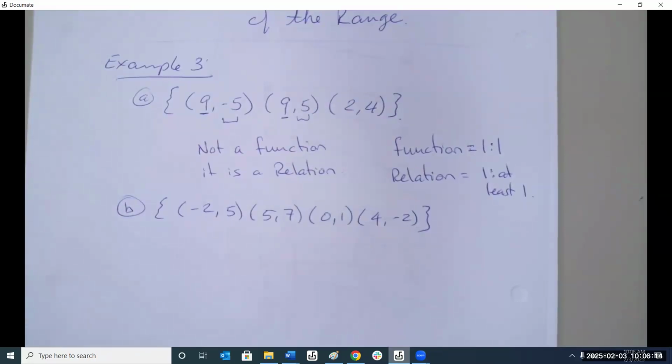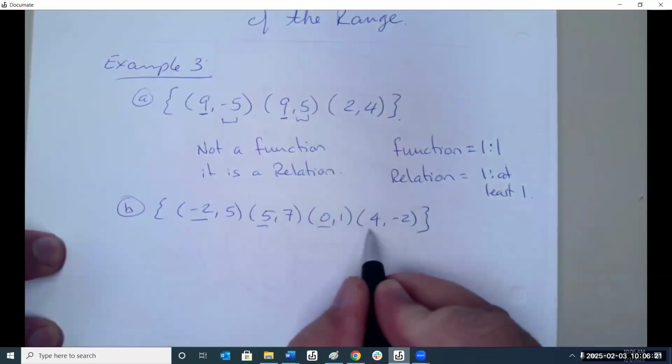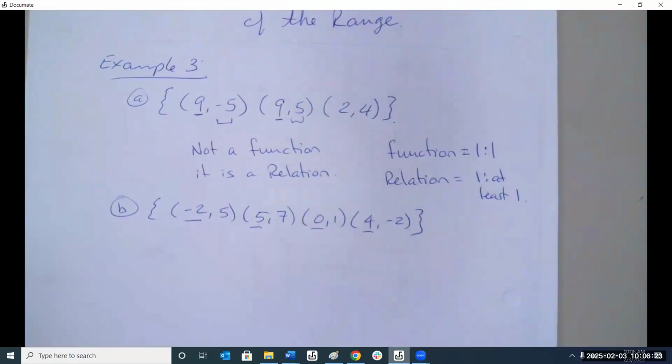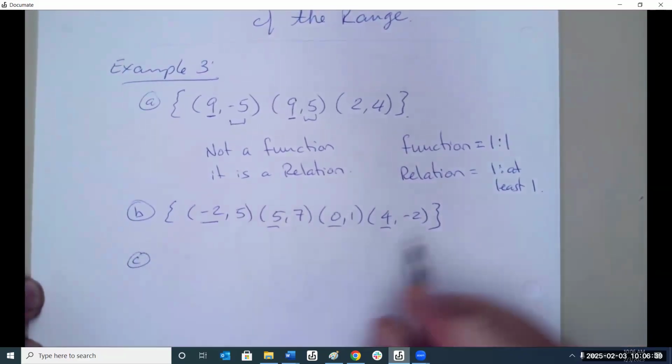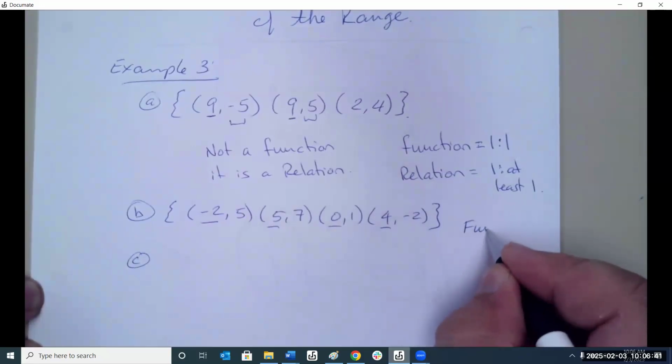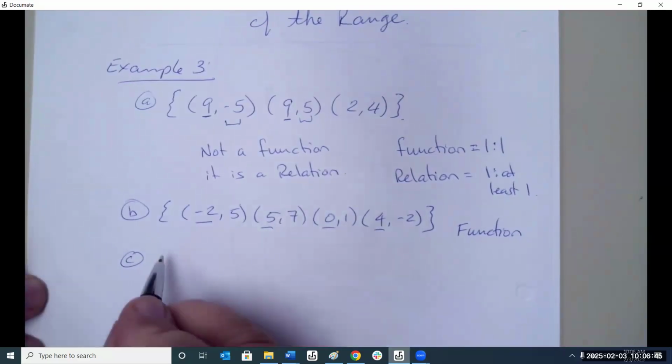What's the easiest thing we look at here? If we look at all the x's, if all the x's are different, then automatically it's a function. So it's a function. And it's also a relation because it can be one to one and one to many.